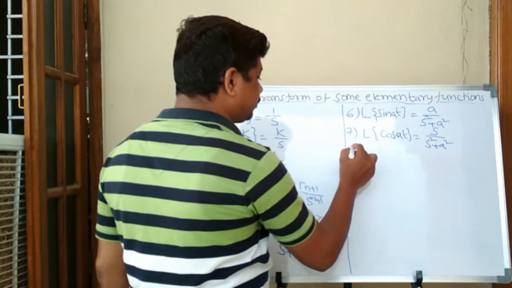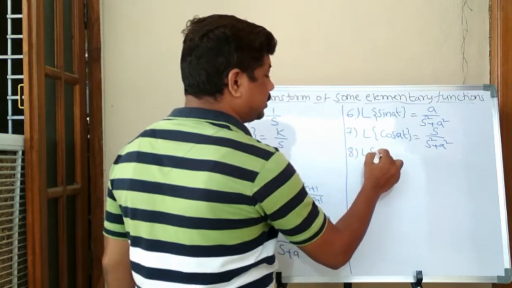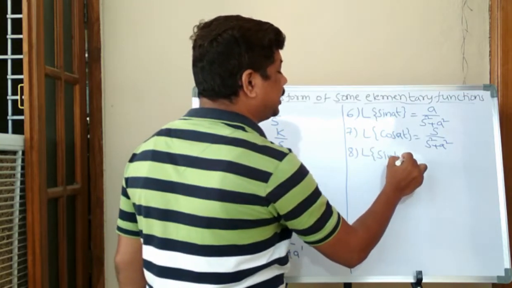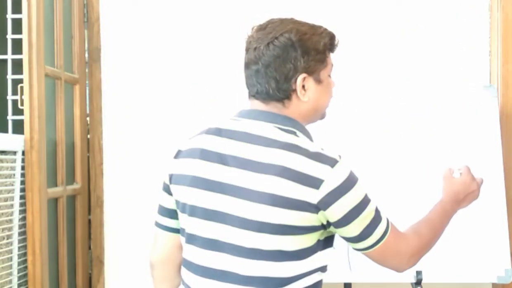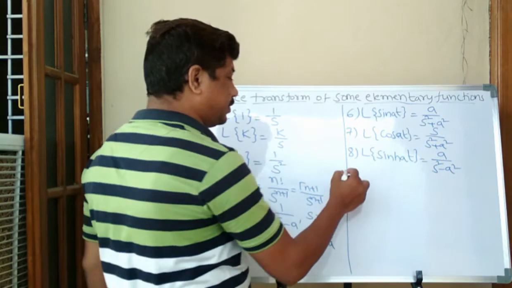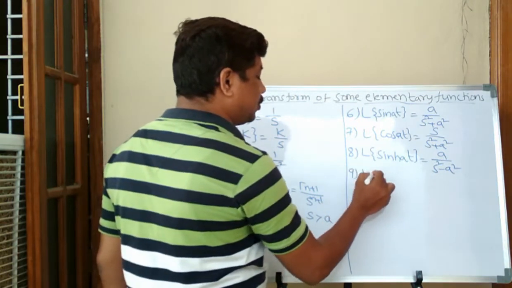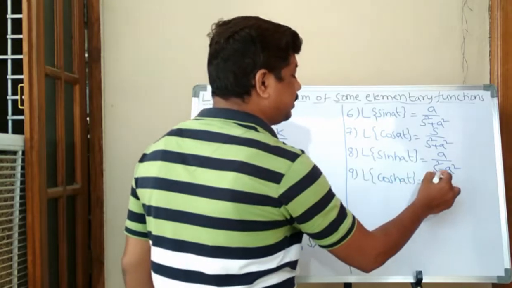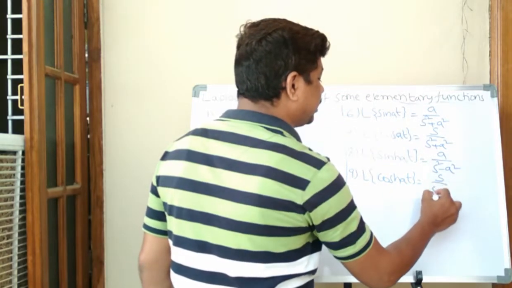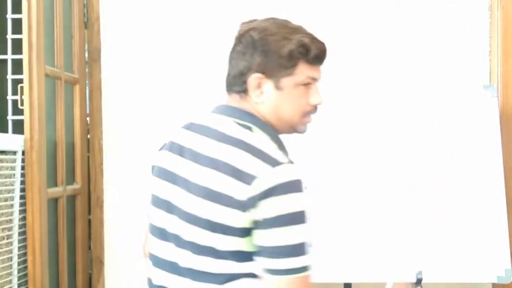Next, hyperbolic functions: sinh at will be equal to a by s square minus a square, and one more hyperbolic function, cosh at, will be equal to s by s square minus a square.